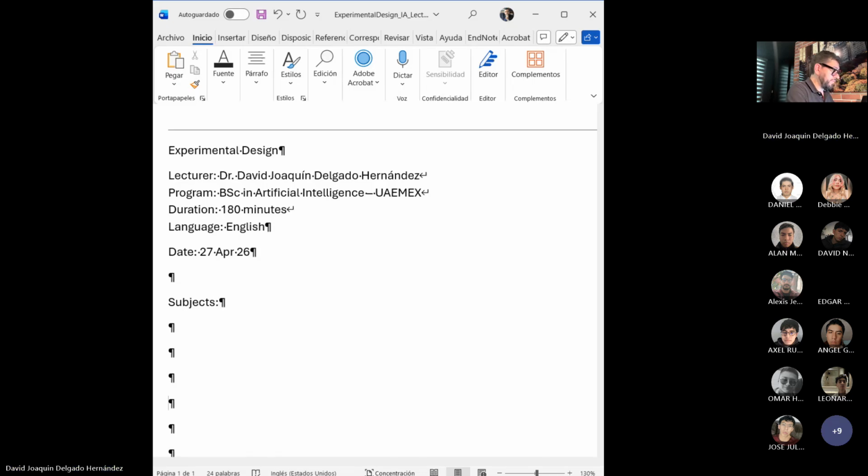Well, first we have 3.1, which is regression and correlation theory. And what is the objective for this part of the course?